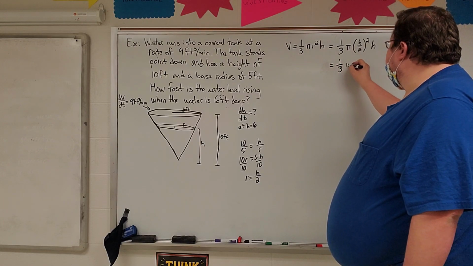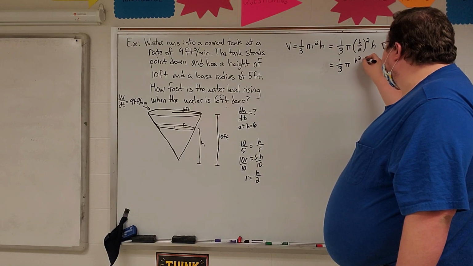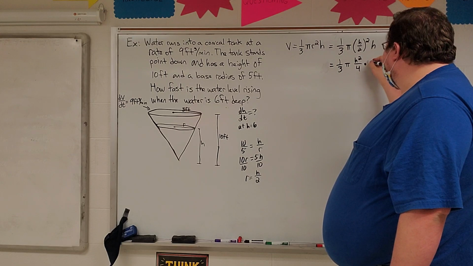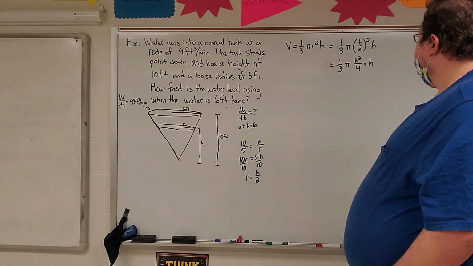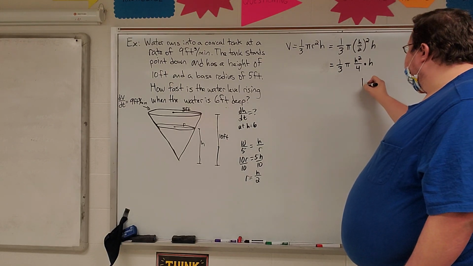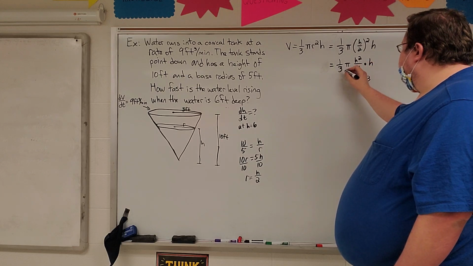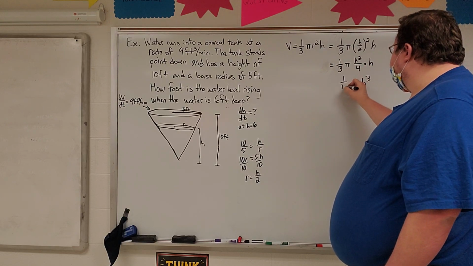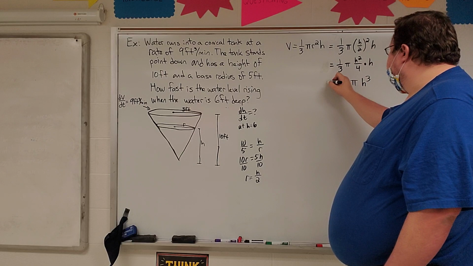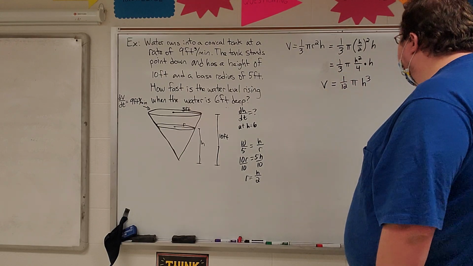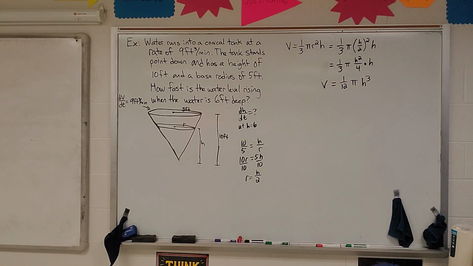That's 1/3 times pi times h squared over 4 times h. And h squared times h is going to give me h cubed. And 4 times 3 is 12, so that's 1/12 pi h cubed. That's my volume formula, only in terms of the height.